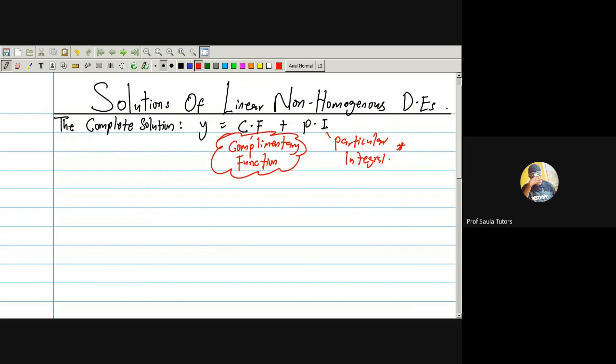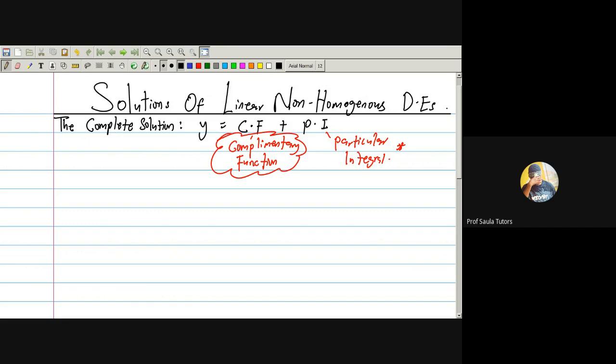The questions we have been solving using the D operator, quadratic equation, complex numbers, are methods of finding complementary function. The next thing is how to find particular integral.